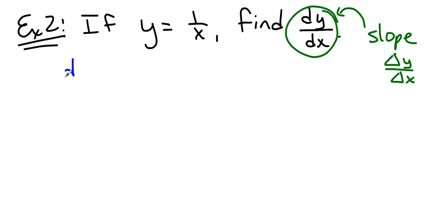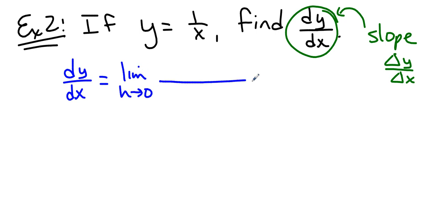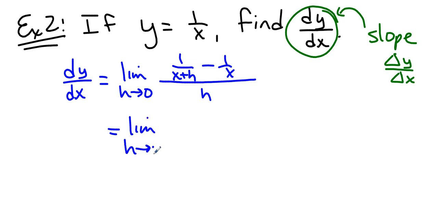So how do we do that? Well, dy dx, that's how it's read, is the limit as h approaches 0 of f of x plus h, which means we sub out all the x's for x plus h's, minus f of x over h. And we think to ourselves, why can't we just throw 0 in for h? Oh yes, that's 0 over 0, that's a problem. So what do we do? Well, in this case, I'm going to combine the fractions in the numerator over a single denominator.